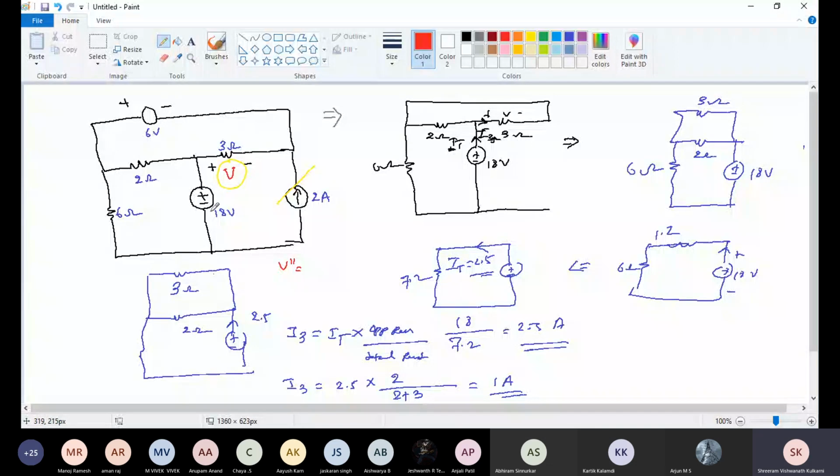When I calculate the voltage drop across the 3 ohm resistance when 18 volt is acting alone, I name it V double dash. That is I3 into 3 ohm, that is 1 ampere into 3, that is 3 volts.